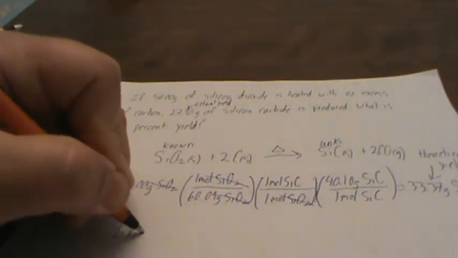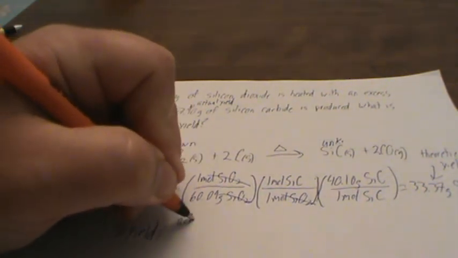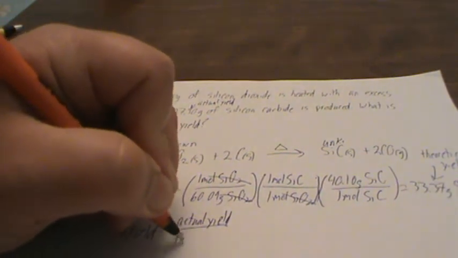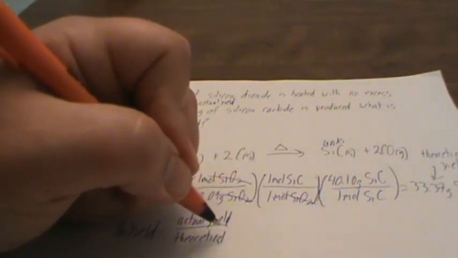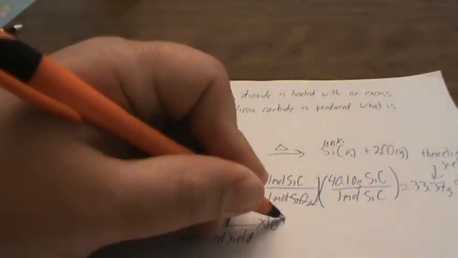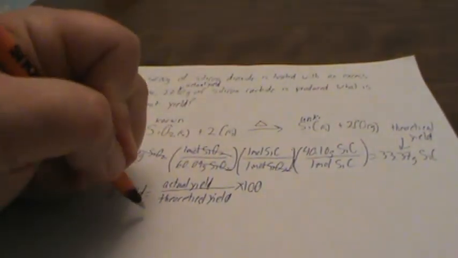So percent yield, actual yield over theoretical yield. And since it's percent, we have to multiply by 100. I can't remember if I put that on the back on the other one. Yes, I did. But yeah, since it's percent, we have to multiply by 100.